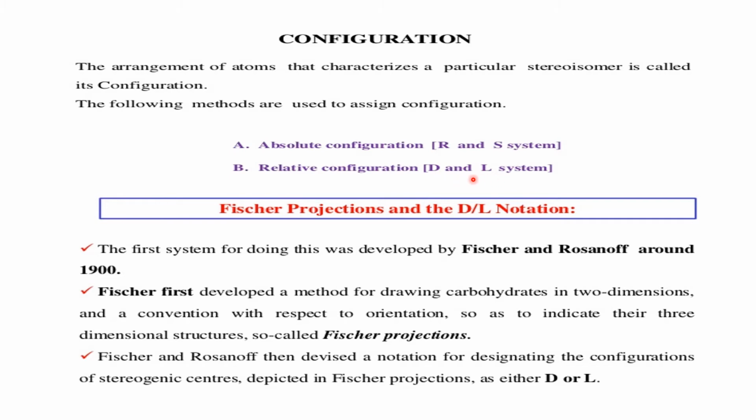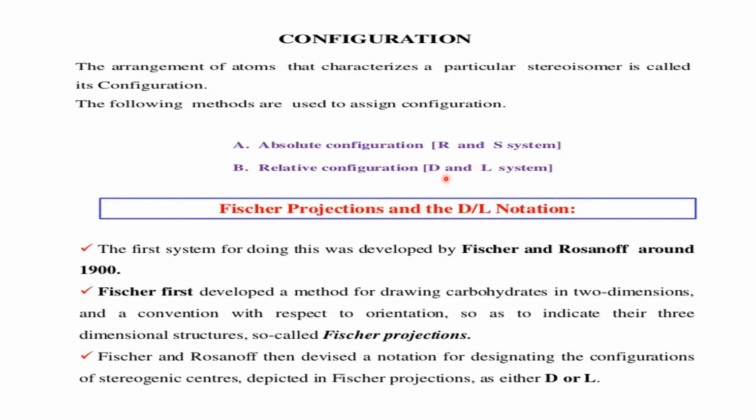This D and this L are not at all connected to dextro or levo. This is only the arrangement of atoms around a particular carbon atom in three-dimensional space. So you should not get confused between the capital D and L system, and dextro and levorotatory. Dextro and levorotatory are not connected with the configuration; they are connected with the optical rotation.